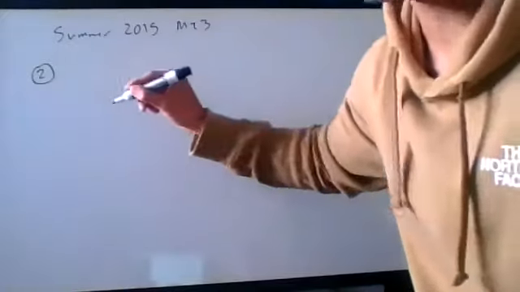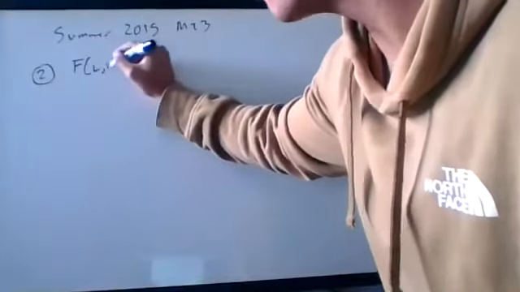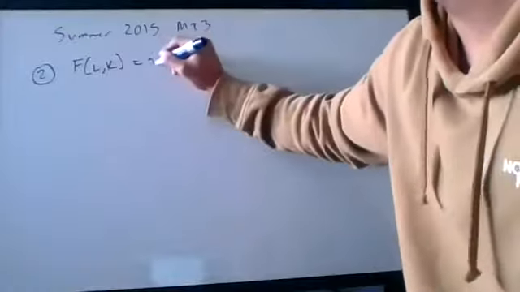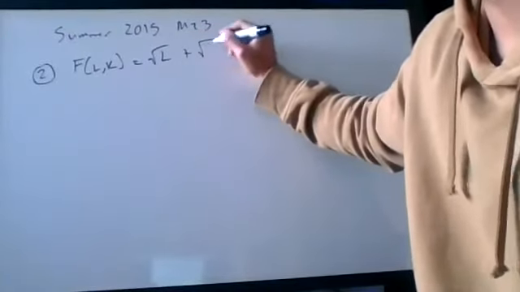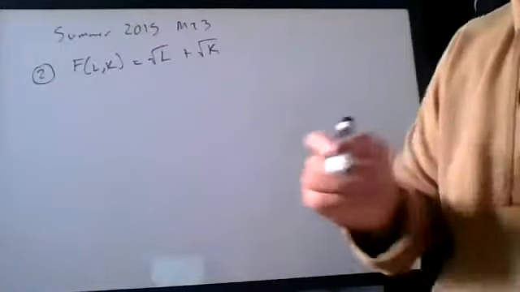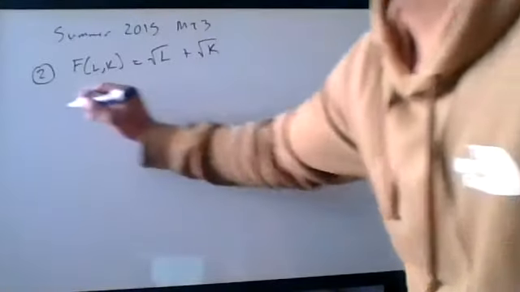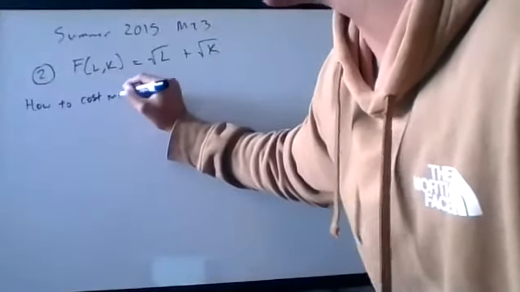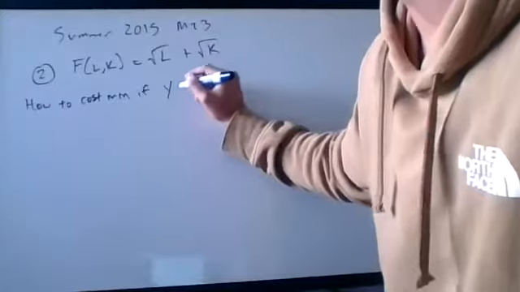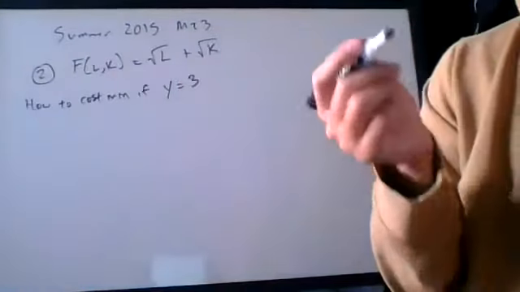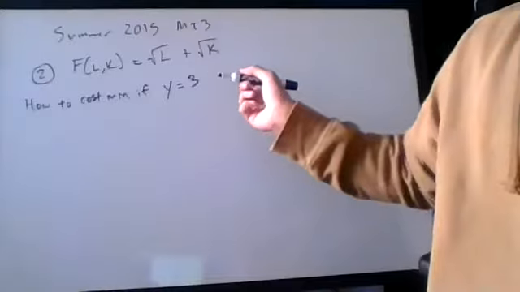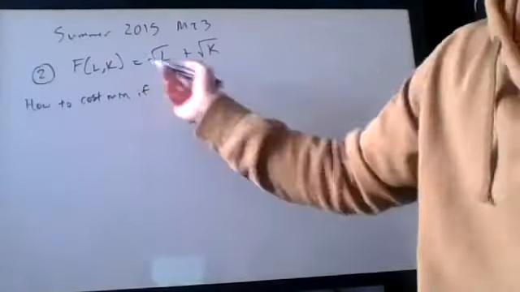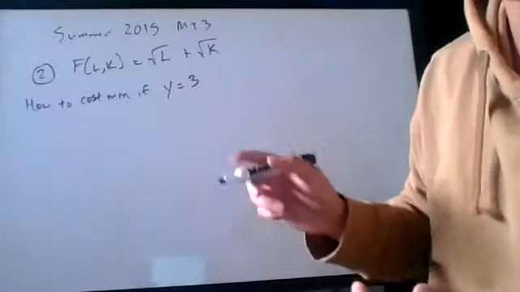So we have f(L, K), the production function taking in inputs L and K, equal to the square root of L plus the square root of K. And we want to see how to cost minimize if y is equal to 3. y and q are pretty interchangeable, and f(L, K) also means the same thing.